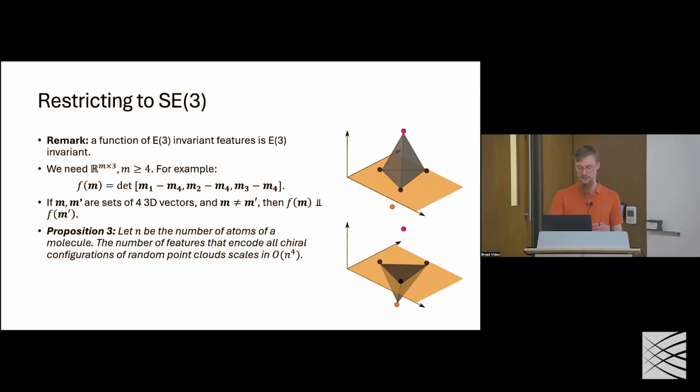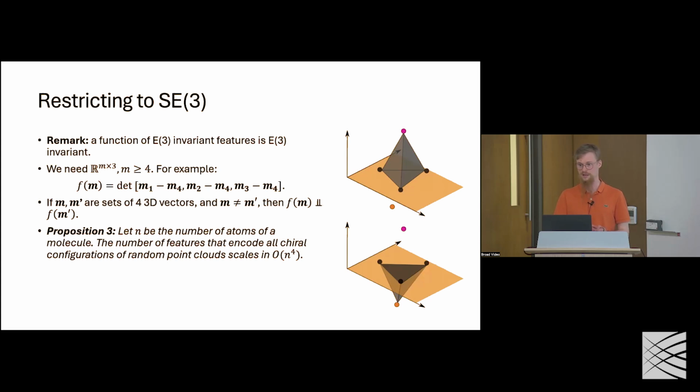And then now we say that, okay, if we want to have one of those point clouds that for any time point, we actually cannot know what the atom type is and also the exact connectivity, then we need to have O of n to the power of 4 of these features.